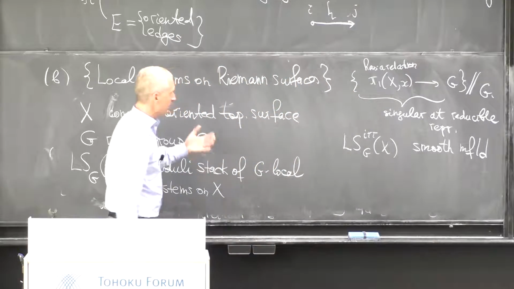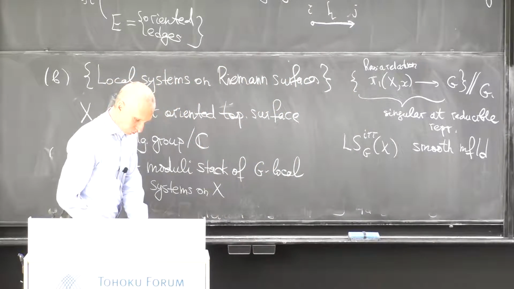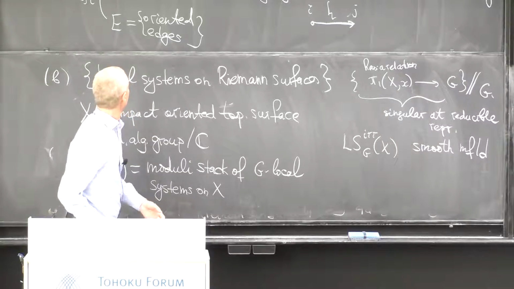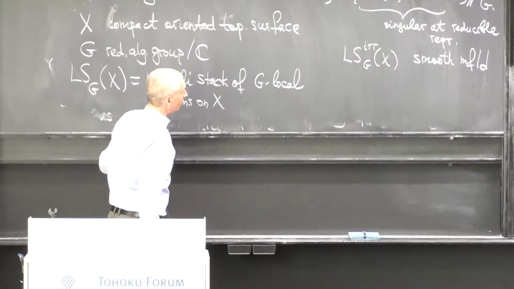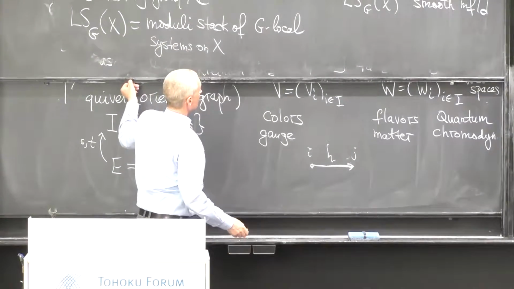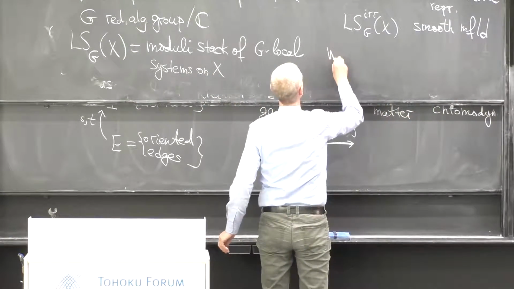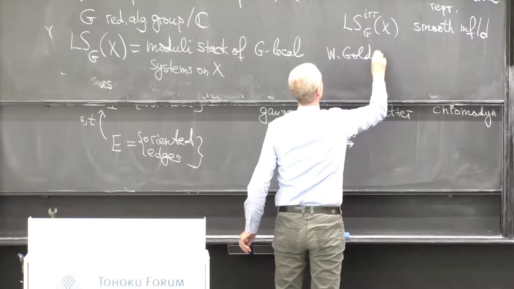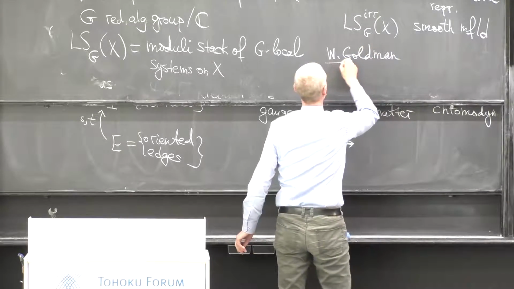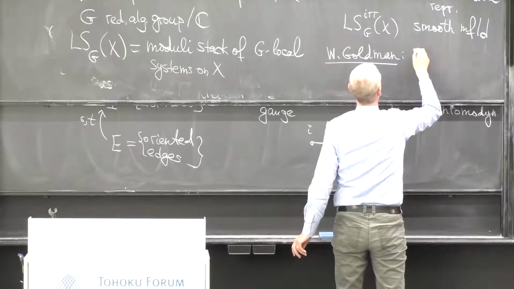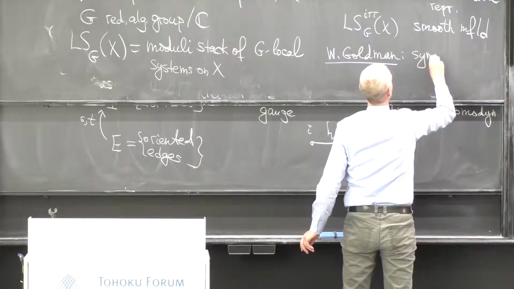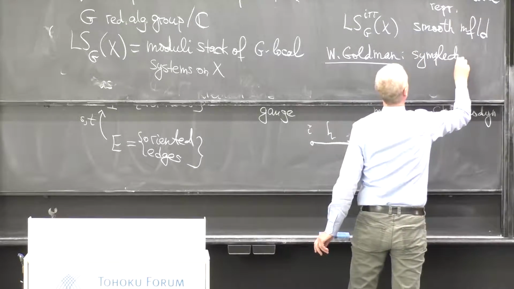Otherwise, it will be a derived stack. And this thing has a symplectic form, a symplectic structure, which is introduced by Goldman, using the cup product.